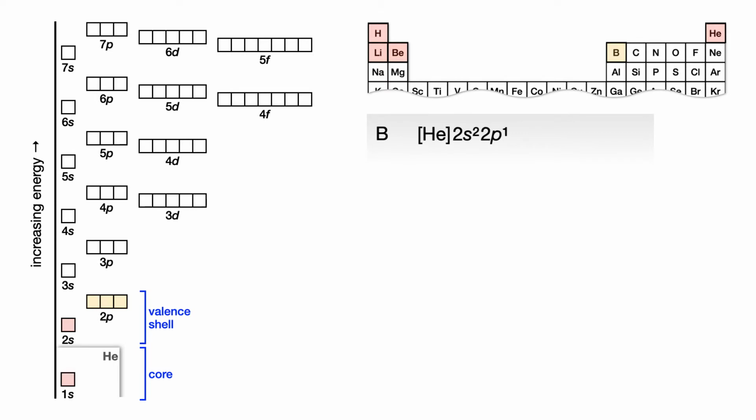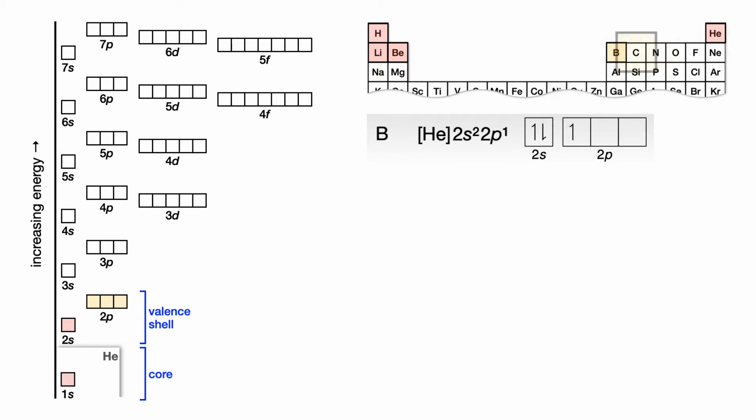It has a configuration with a helium core and then 2s2, 2p1. So the 2s2, 2p1 are the valence electrons in a boron atom, and we can represent those valence electrons with an orbital diagram like this. We have a pair of electrons in the 2s orbital and then a single electron in the 2p.